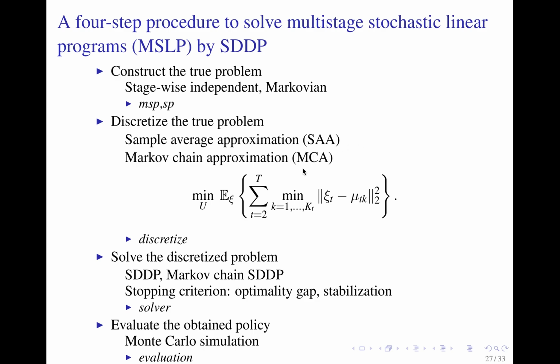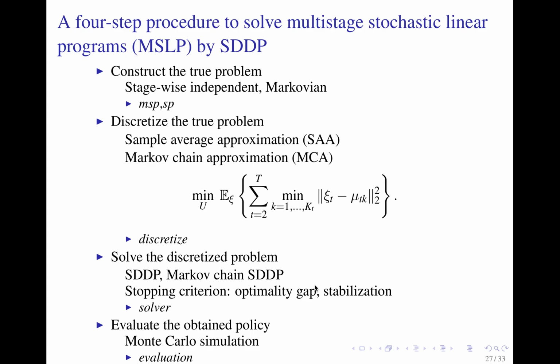If the data process is Markovian, in some cases, we could add additional state variables and reformulate the problem to be stage-wise independent. A more general approach is to find the closest Markov chain to the Markovian data process as shown in this optimization problem. All right. Then we solve the discretized problem using SCDP or Markov chain SCDP.